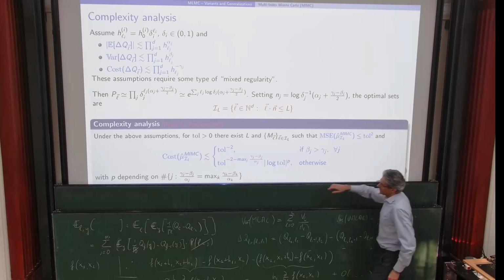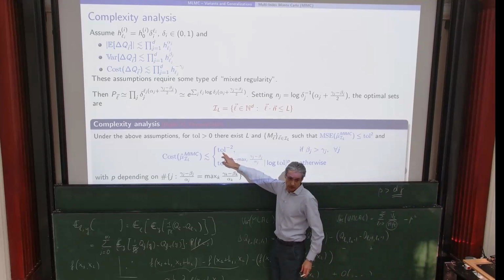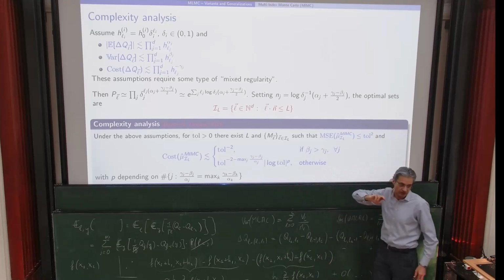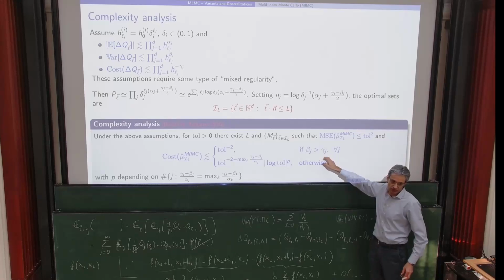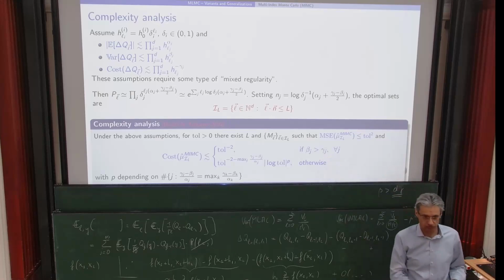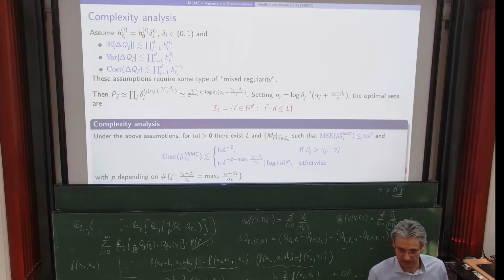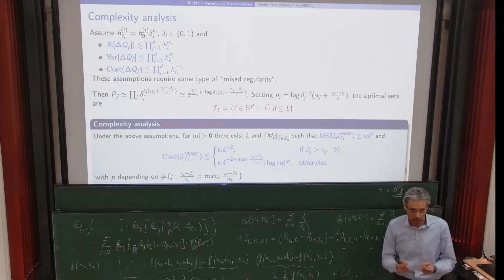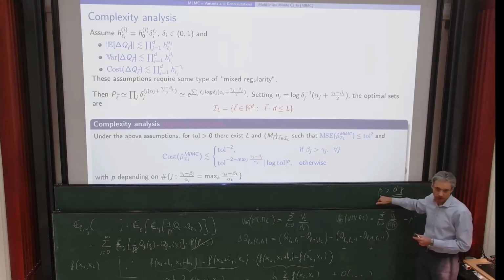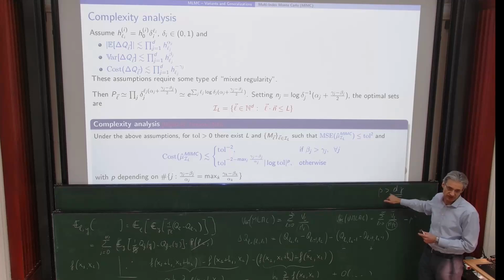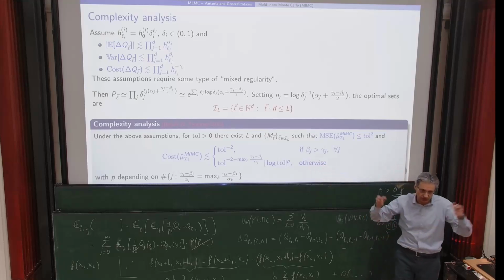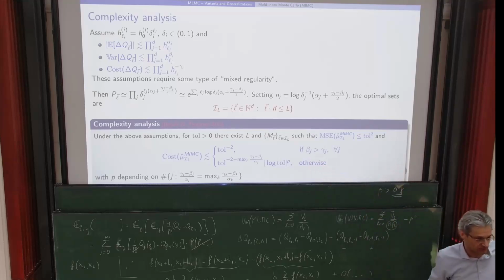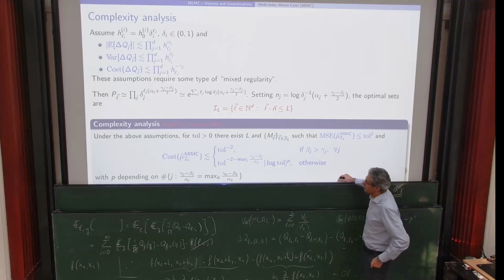Then you recover the optimal complexity epsilon to the minus 2 under a much weaker condition, which is beta_j larger than gamma_j for every j. So individually, for each refinement, you have to make sure that the variance decreases faster than the increase in the cost, but not all together. If you do them all together, you just have one beta, but here you have this factor d. At some point this will not be satisfied, but the individual condition might still be satisfied even as you go up in dimensions. If you have 3, 4, 5 parameters, as long as each one satisfies this condition, you get this optimal complexity.